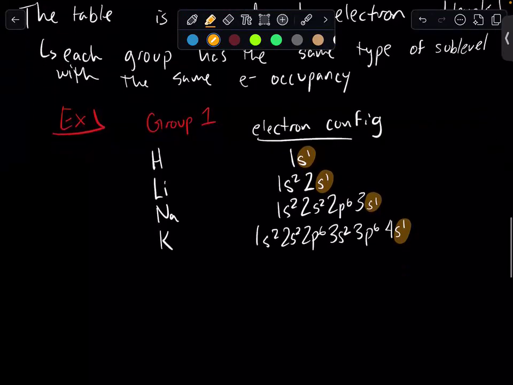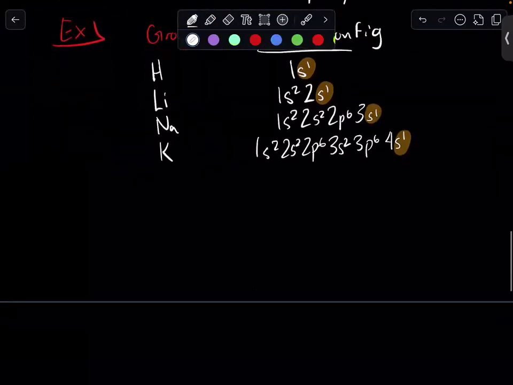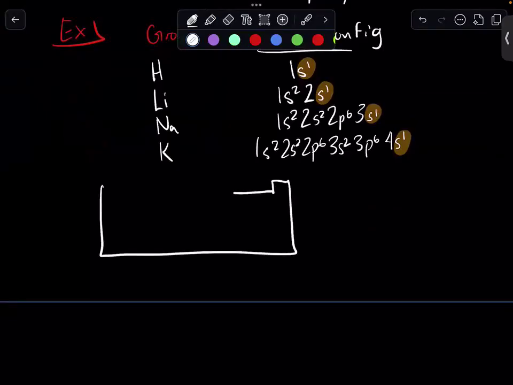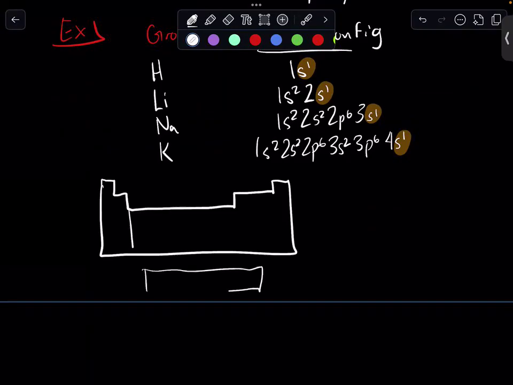We can extrapolate this further to our periodic table. The entire table itself is subdivided into blocks. So if you look at the table, and I have to draw our lanthanides and actinides, we have a few clear blocks. And I'm going to highlight helium because helium, like I said, might deserve to be elsewhere.